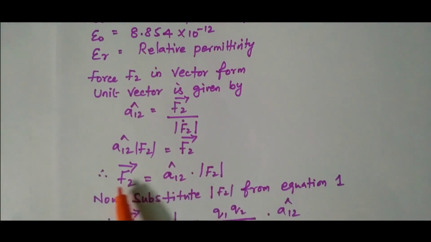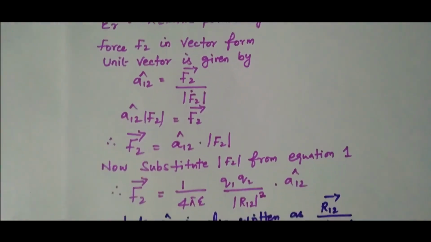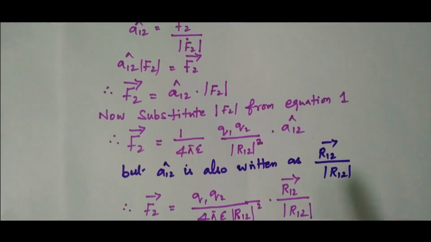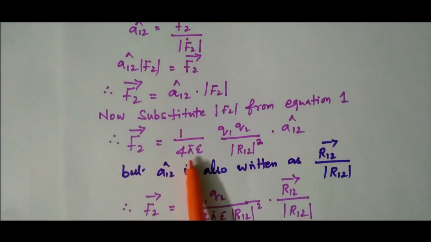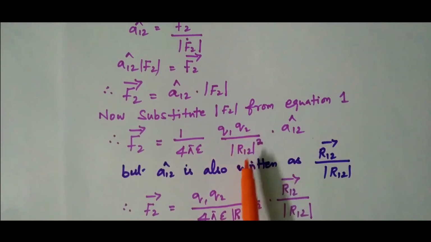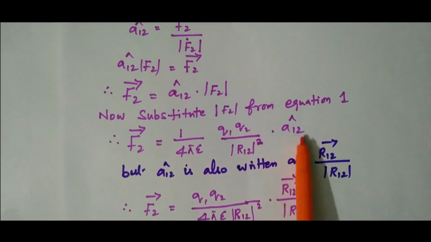F2 is already available in equation 1, so we can substitute the value. Previously what we calculated is scalar; now it is vector: 1 divided by 4 pi epsilon, Q1 Q2 divided by R12 square, into A12 unit vector.